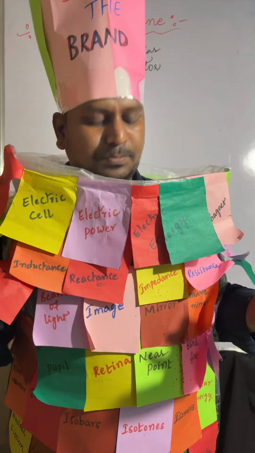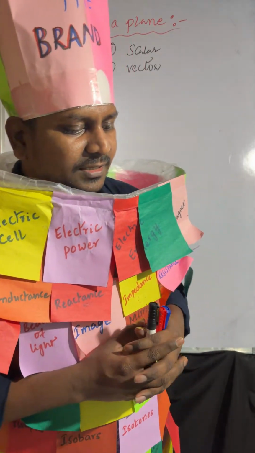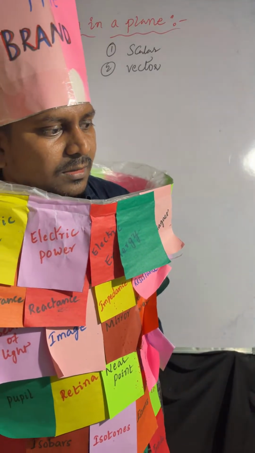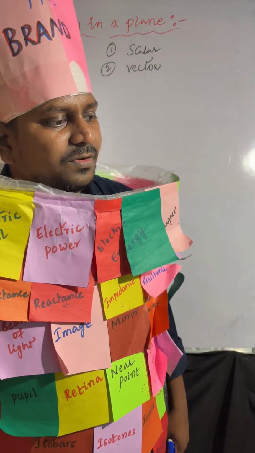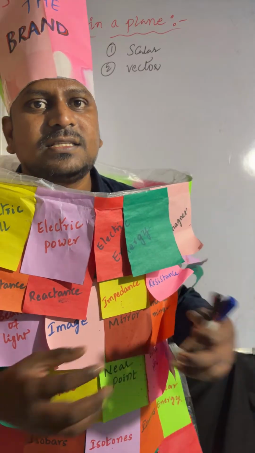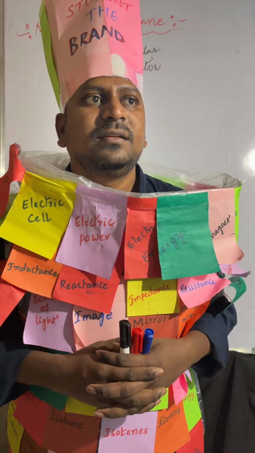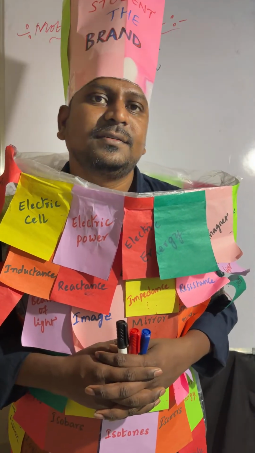What is the example for a scalar quantity? Examples for scalar physical quantities: distance, mass, density, speed.